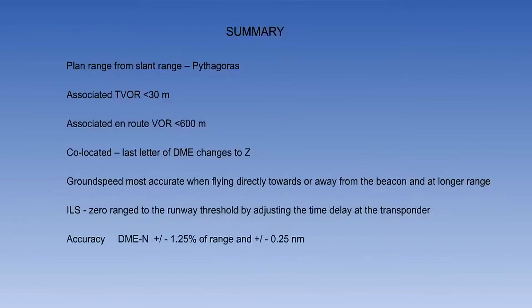The accuracy for a DME-N is plus or minus 0.25 of a nautical mile or 1.25% of range, whichever is the greater. The accuracy for a DME-P is plus or minus 0.20 of a nautical mile. This concludes the lesson on DME.